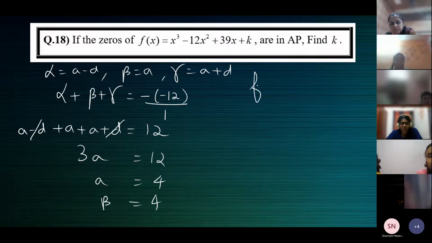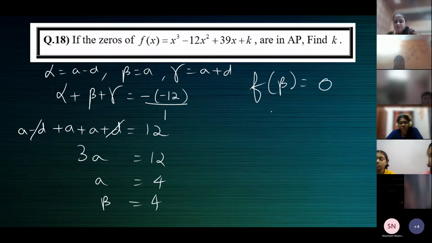What is f of alpha, f of beta, f of gamma? 0. F of alpha, f of beta, f of gamma is always 0. So that means beta is 4, so f of 4 is equal to 0, correct?